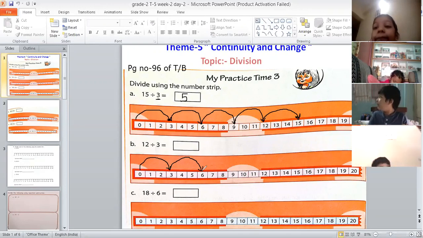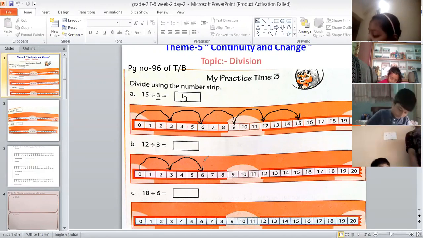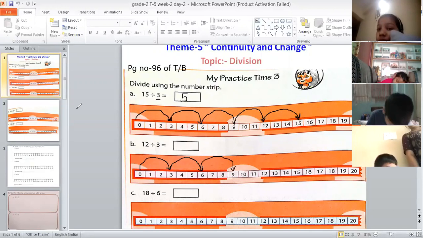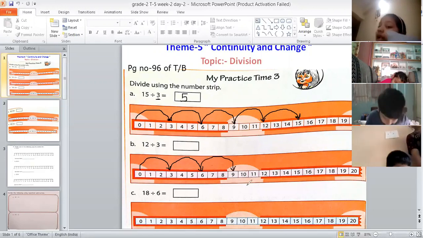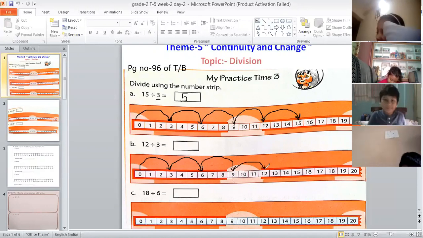Dhriti? 9, ma'am. Yes, after 6, if you count forward 3 steps, you will reach number 9. After 9, the next number will be? 12, ma'am. Yes. After 9, if you count forward 3 steps, you will reach number 12.